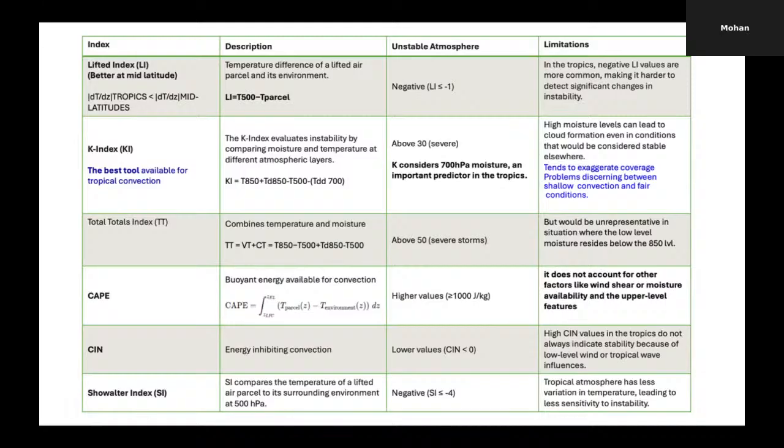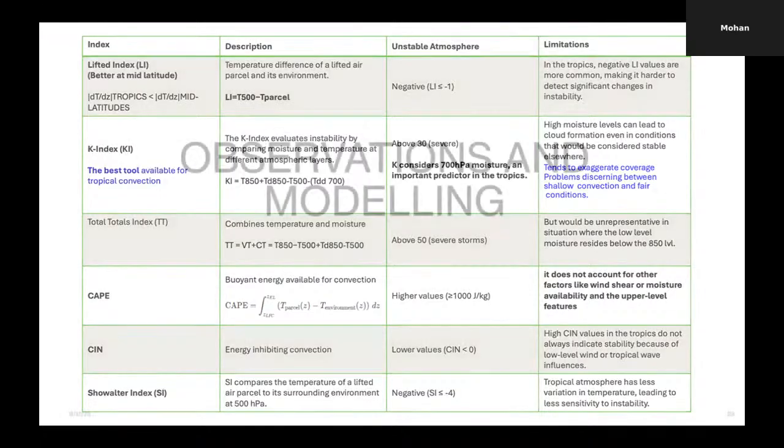For a particular region, like deep convection over the southeastern part of Kerala, you have a model forecast giving some amount, and you already have observations giving some amount. You can validate and say the observations or the indices give this quantification, but the model is failing. Then you go back and ask why the model is failing, and so on. So these are the indices.